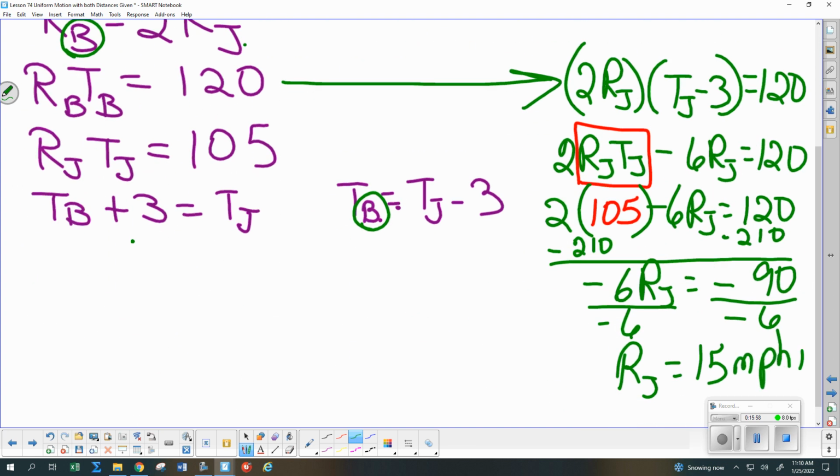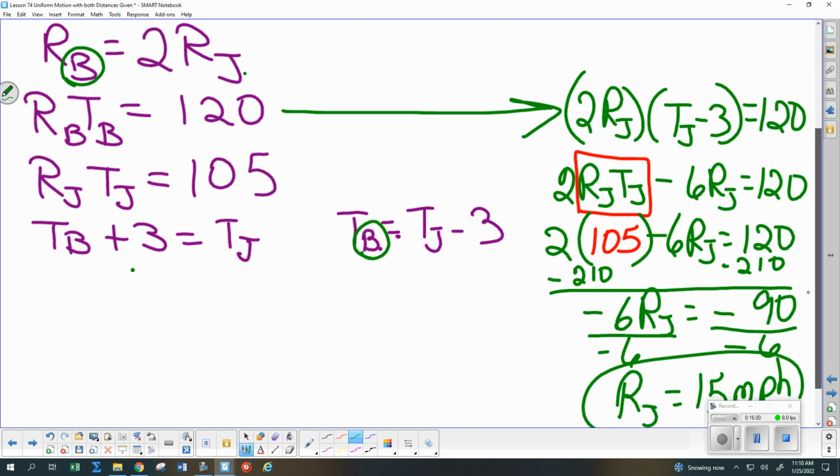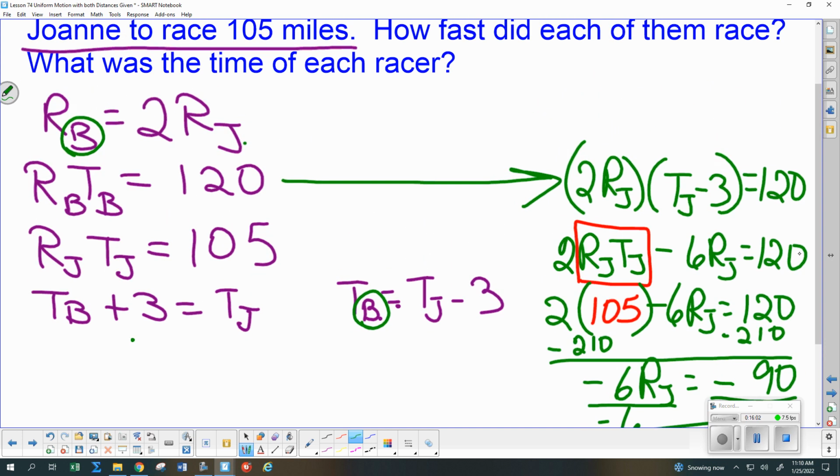So far we've found one of those. So now we know RJ. And so I want you to decide, what do you want to find next? I see two equations with RJ in it, and you tell me what you would like to find next. There's not a right or a wrong. Ricky, what do you want to find next?